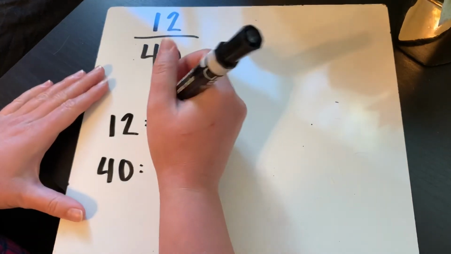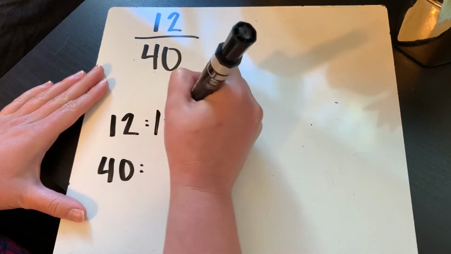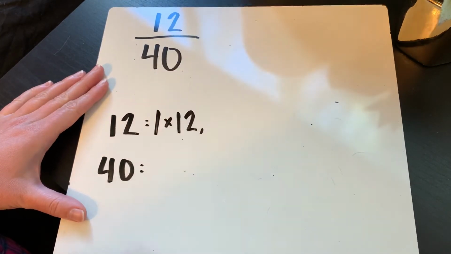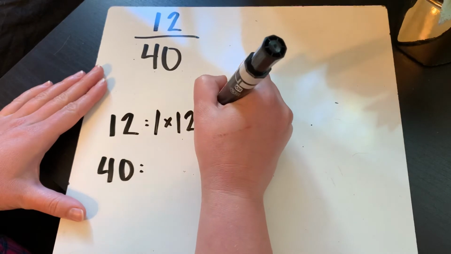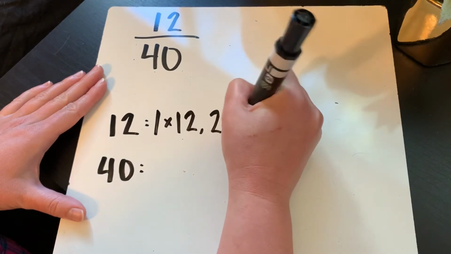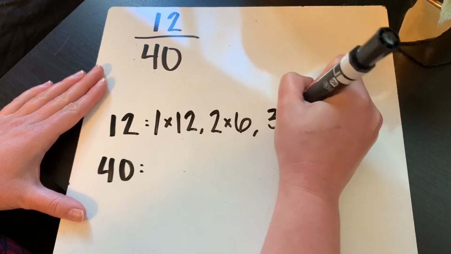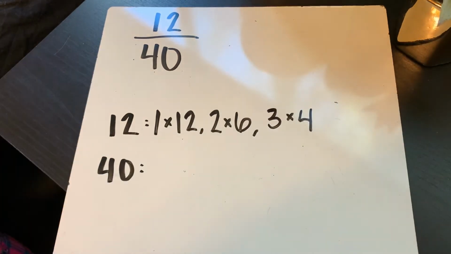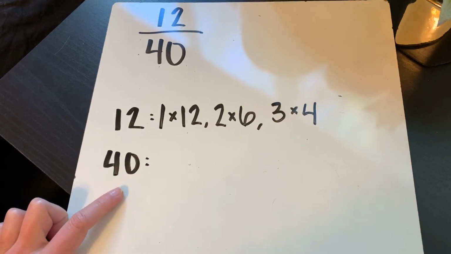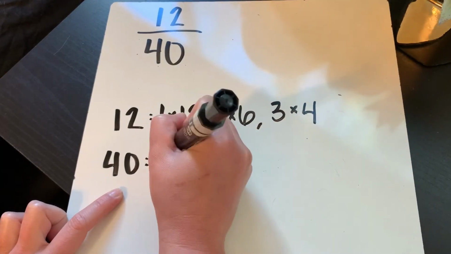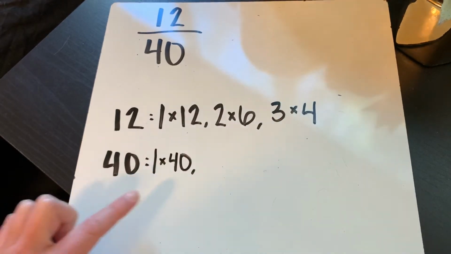Here we go. 12, I know, easy. 1 times 12. We've got, let's see, 2 times 6. 3 times 4. Am I forgetting anything? I don't think so. Let's do 40. We've got, start off easy, 1 times 40.